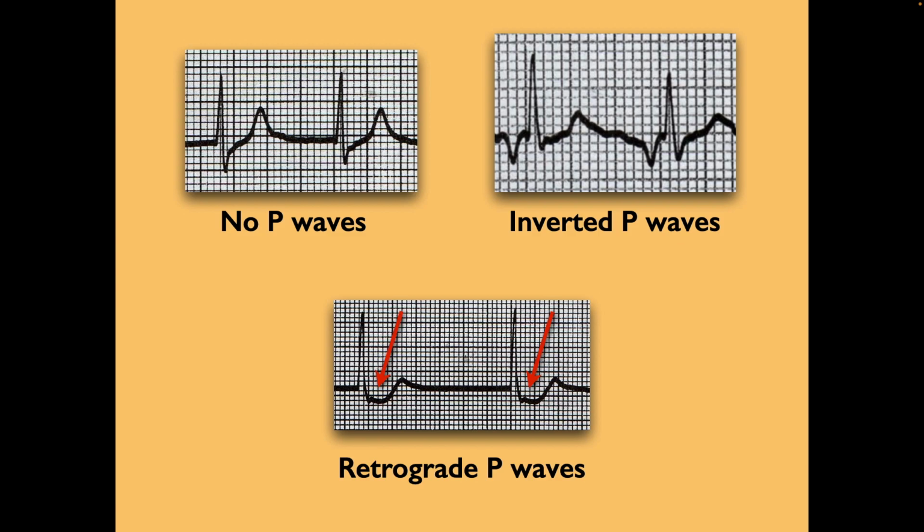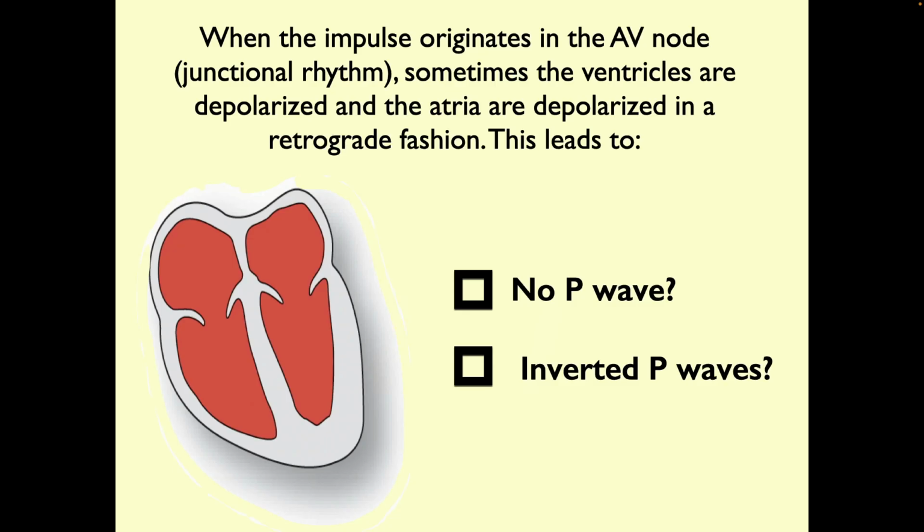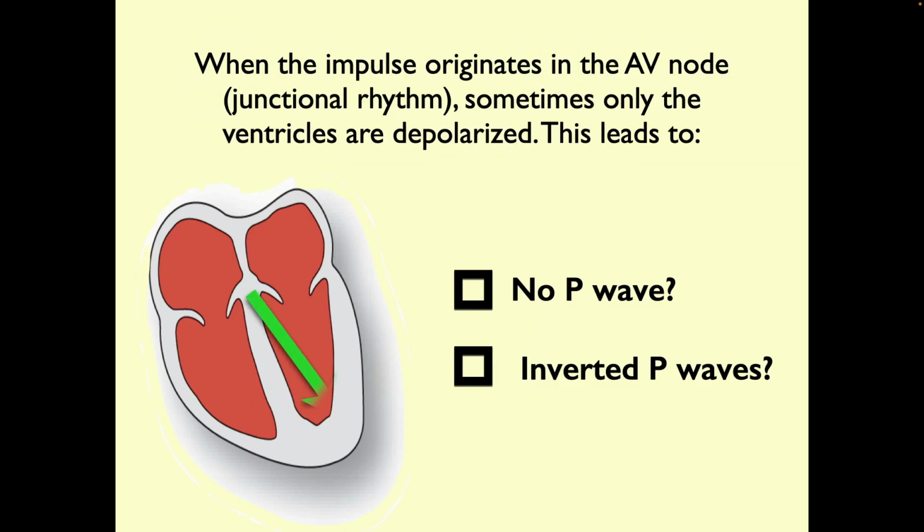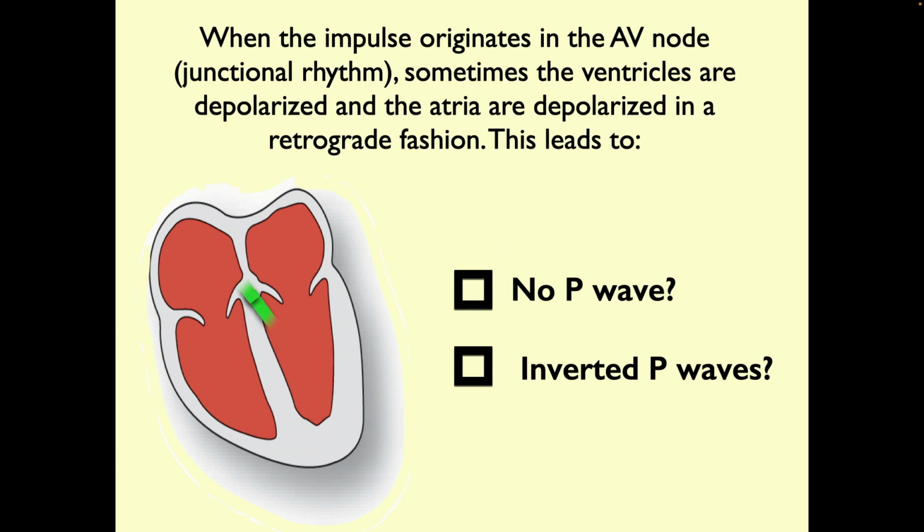And what's happening there, let's go back and look at our picture. Okay, this picture. When you see the inverted P wave that precedes the QRS, that means that this depolarization occurs before that depolarization. So we see the inverted P because the backwards atrial depolarization occurs prior to the ventricular depolarization.